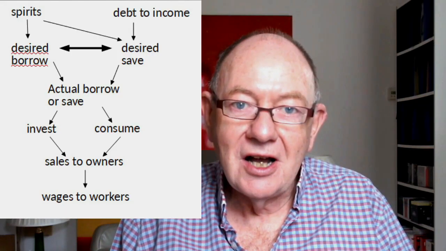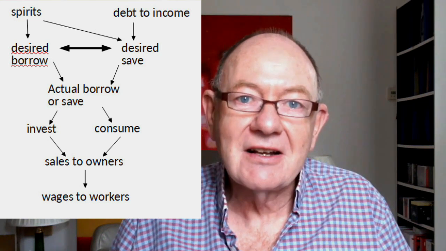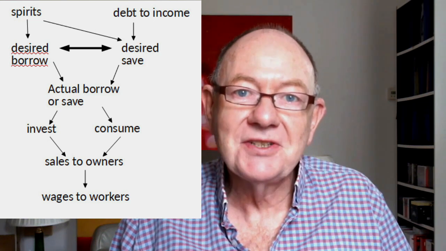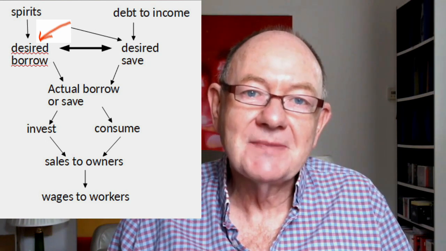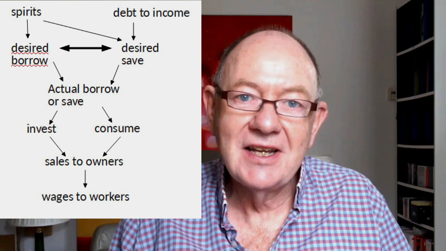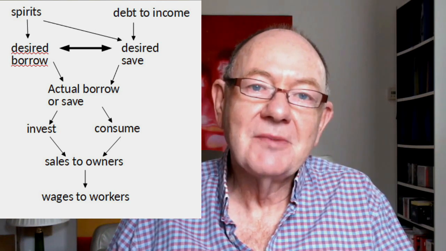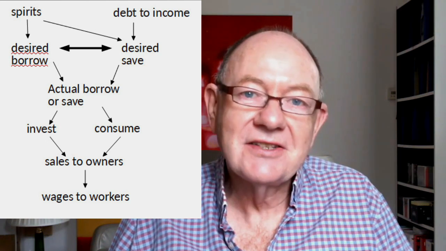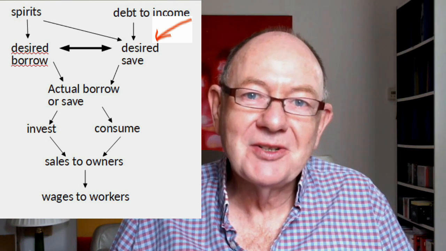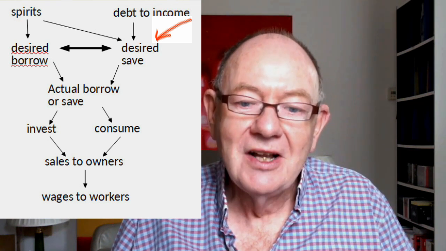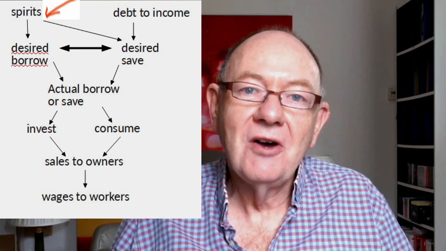Now, either a firm or a worker can then decide either to spend exactly what they received from their last month's wages, or to augment that by taking further credit to spend on top of those previous month's income, or to put some of that previous month's income back into the bank to pay down any debts that they might have. And again, in the myopic spirit of the behaviours we've decided for this sort of model, they will decide to borrow more money simply as a function of their spirits.